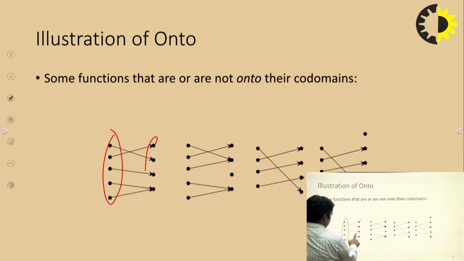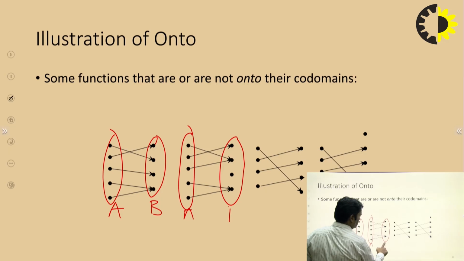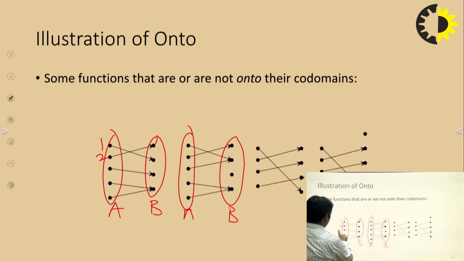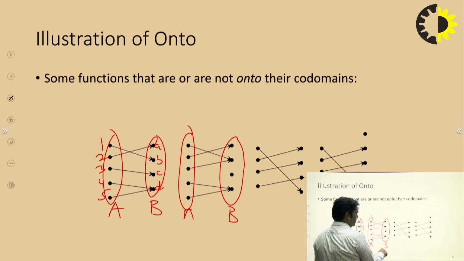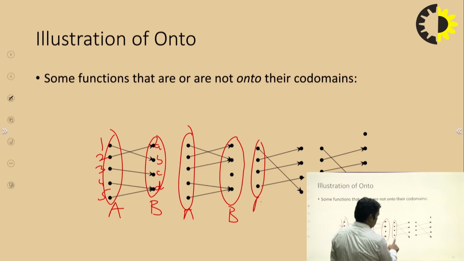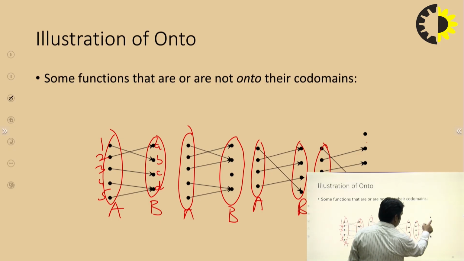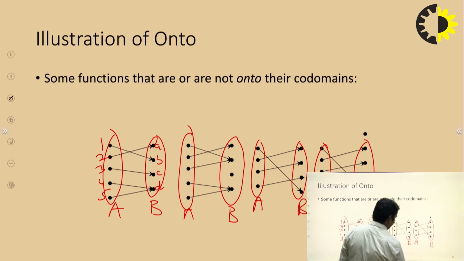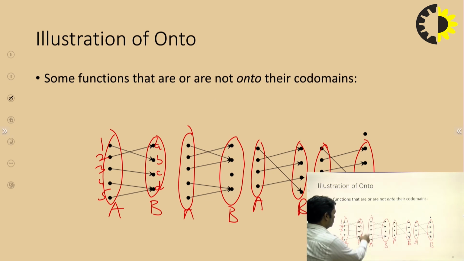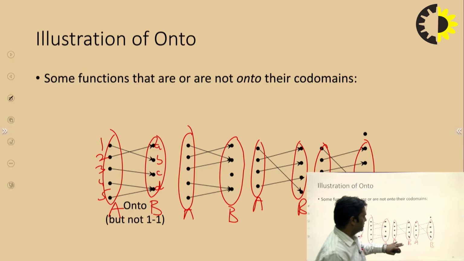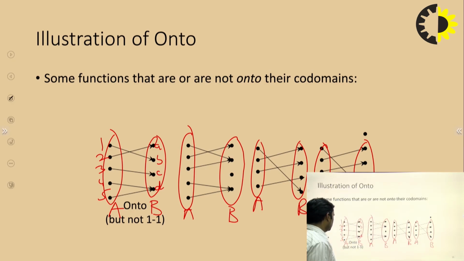This is set A and B. If we name them 1, 2, 3, 4, 5 and A, B, C, D, similarly. So in this way, these are the two sets A and B. This represents a relation function, onto but not one to one.